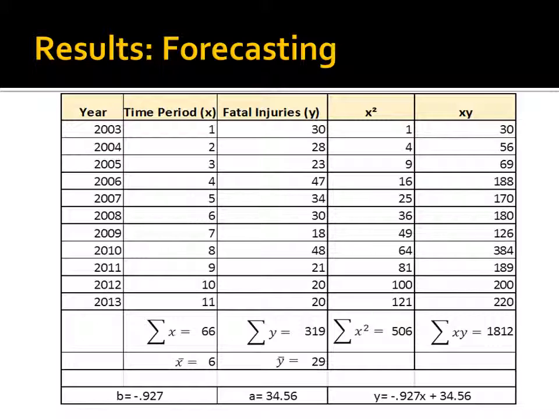And directly above that is the sum of each total category that I computed. The one thing I wanted to hit on with this is our equation, y equals negative 0.927x plus 34.56. With the negative 0.927 being our slope, you can instantly see, without plotting any data, that we are going to have a decrease in our total fatal injuries going from 2003 to 2013.